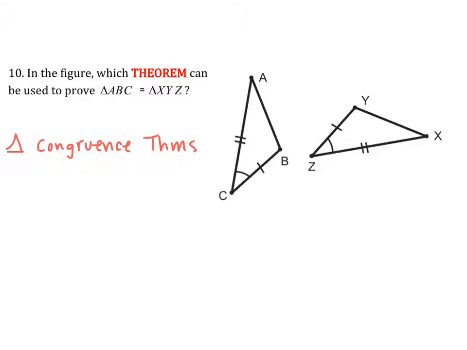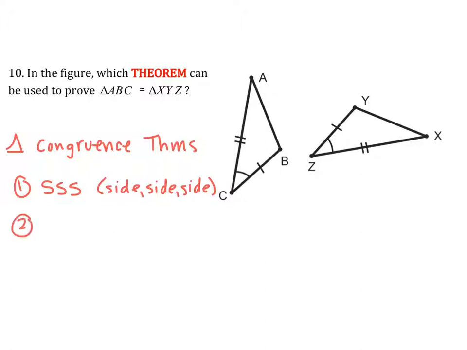So we really had 4 options here. So this is the information that you need to be given to conclude that the triangles are congruent. So one of them was side, side, side. So if you know that all 3 corresponding sides are congruent, you can conclude that the 2 triangles are congruent.